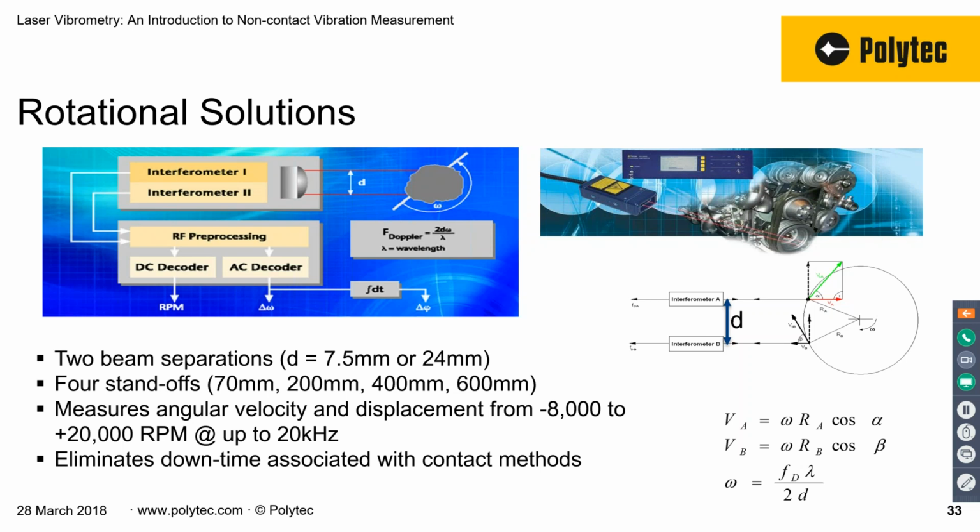The different beam separations allow you to measure different shaft diameters, give you different resolutions and different ranges of vibration. Measures angular displacement and velocity up to 20 kilohertz.